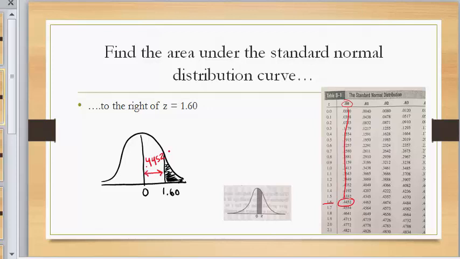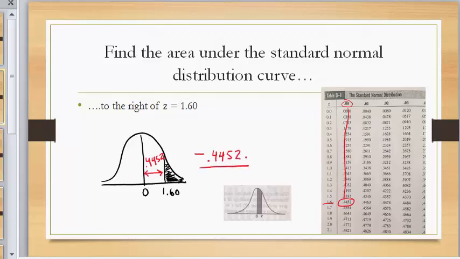Since 0.4452 is not shaded, it is not part of the answer that I want. And so anytime you have something that is not shaded and you can say to yourself, I don't want this, then that is a clue that that is going to have to be subtracted off of something. So I know that when I get to the point of doing my final calculation, it's going to have a minus 0.4452 in it.